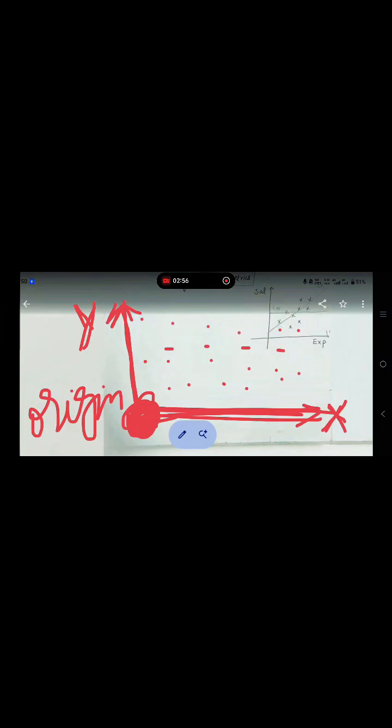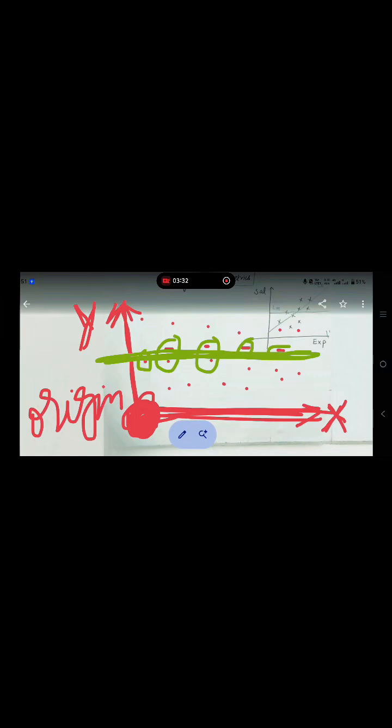Now, what is a regression line and what is a mean line? We will discuss this. The mean line passes through the mid or average of the data. This is the mean line, which passes through the mid or average of the data, and you see it only touches these two points, only this point and only this point.